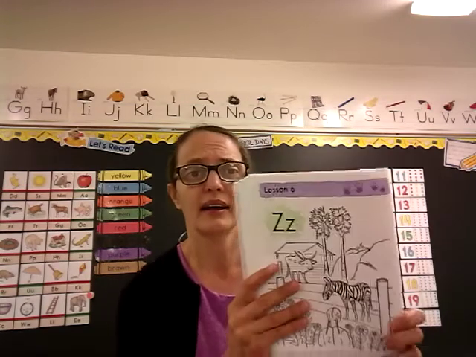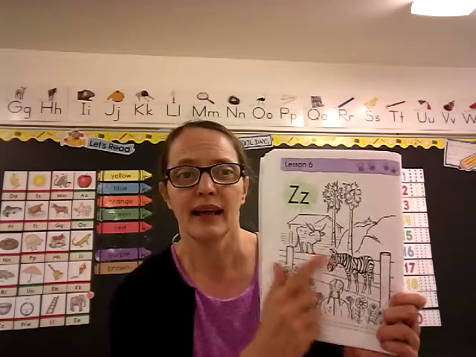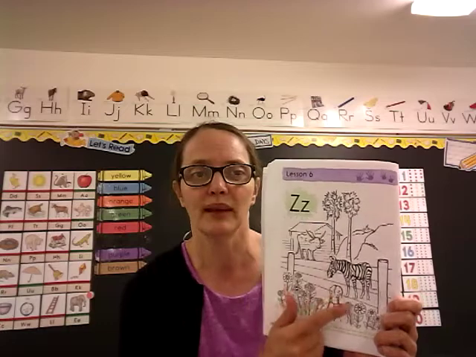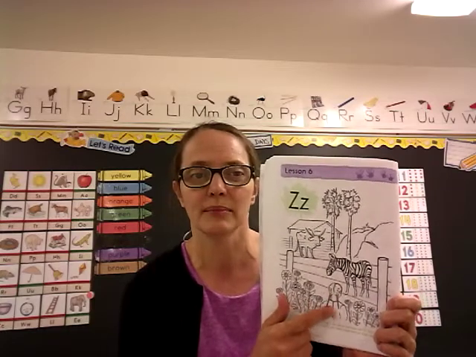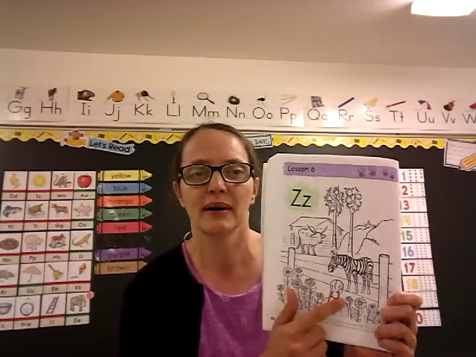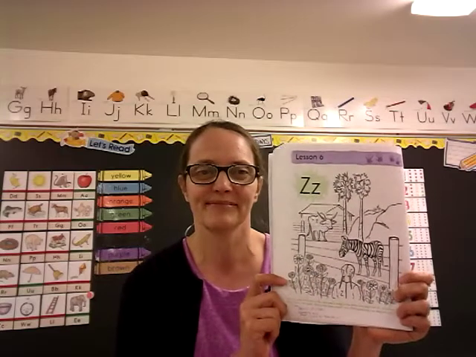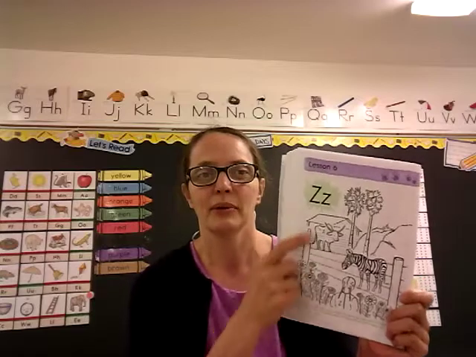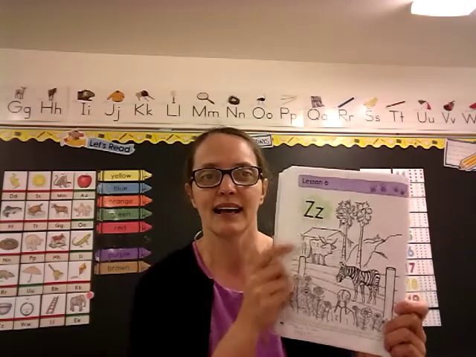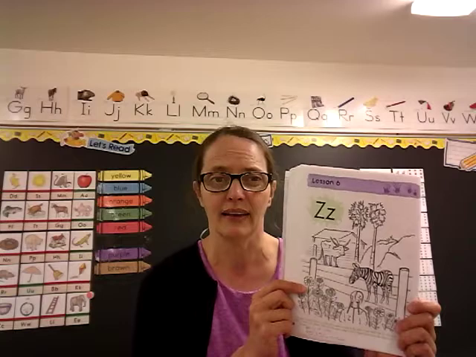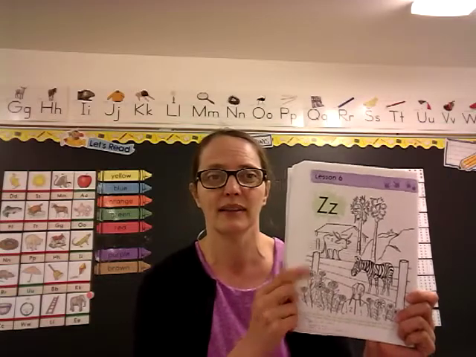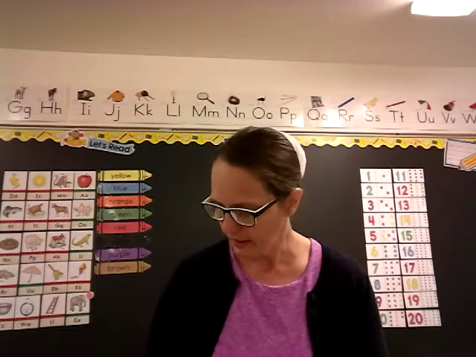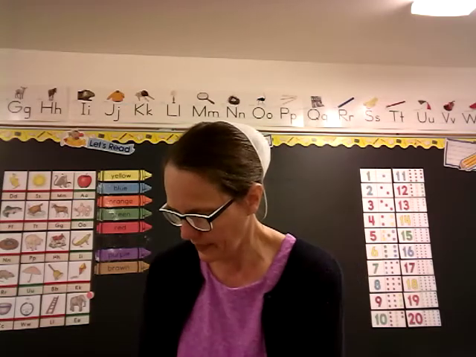So we have a zebra and a zebu at the zoo, and we have a little girl with a zipper standing amongst the zinnias. So those are our Z words for today. Now, because Z is the last letter of the alphabet, now that we've studied every one of the letters and this is the last one, let's go through our letters really quick.